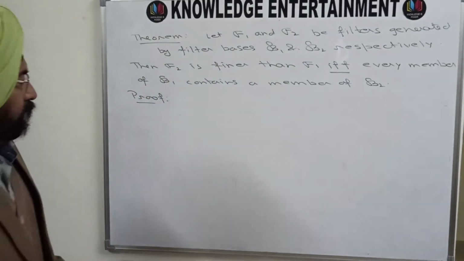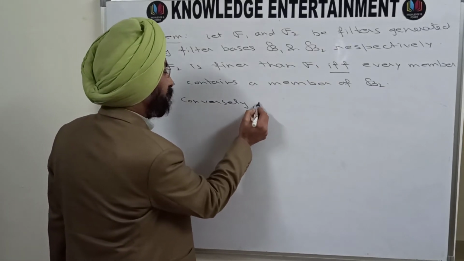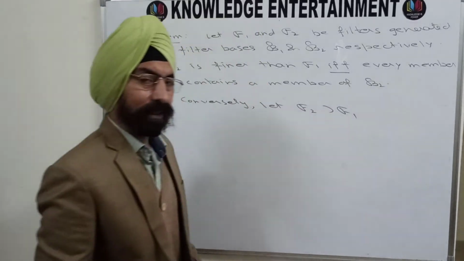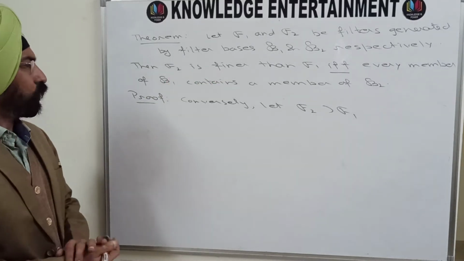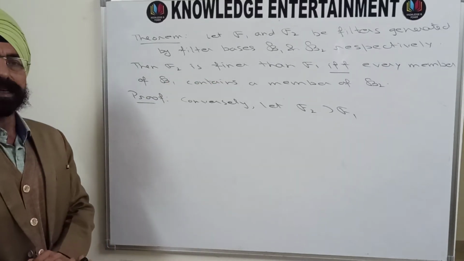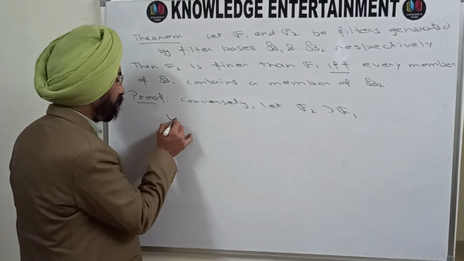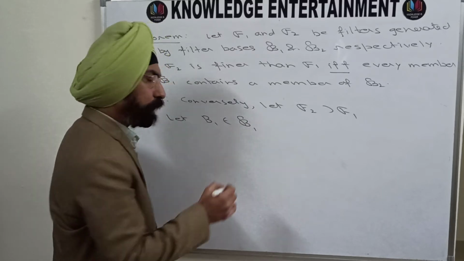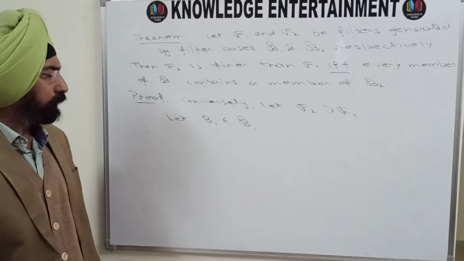Conversely, suppose that F2 is finer than F1, and we have to show that every member of B1 contains a member of B2. Let B1 be a member of B1, and we are to show that this B1 contains some member of B2.